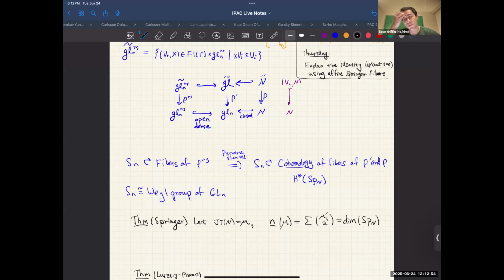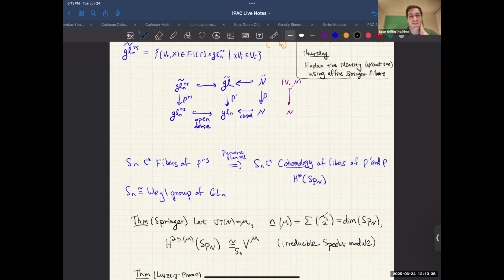I don't remember if it was Springer or Spaltenstein that proved this actual formula. But he did prove that if you take the top cohomology group of the Springer fiber, there is an Sn action on that group, and it's isomorphic to an irreducible Sn representation.